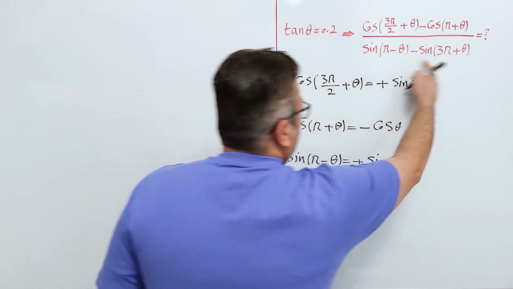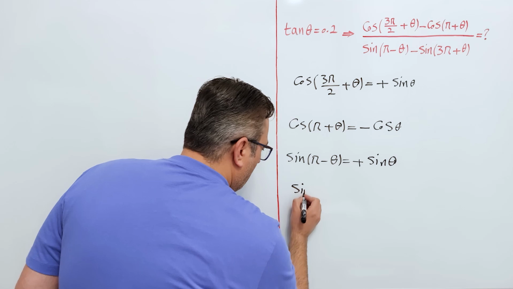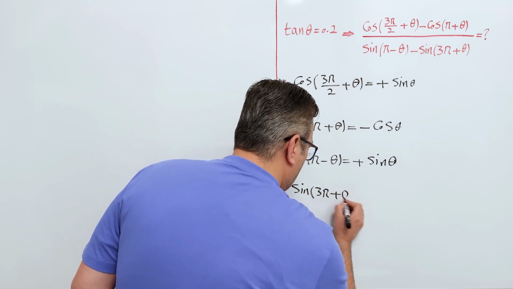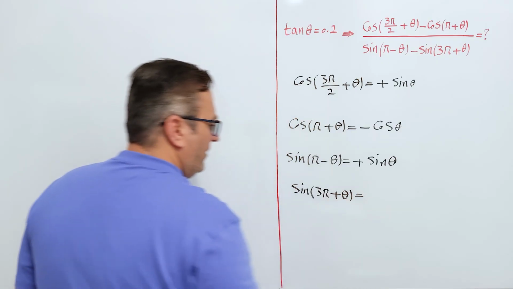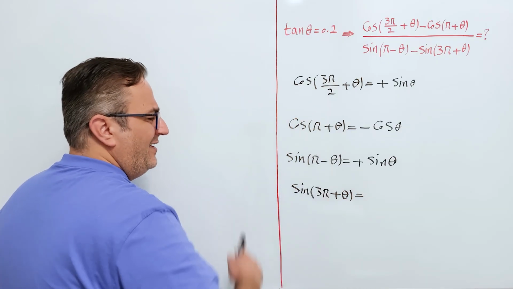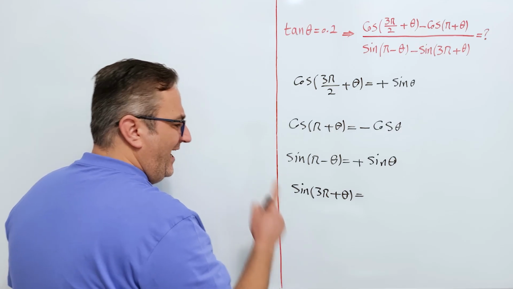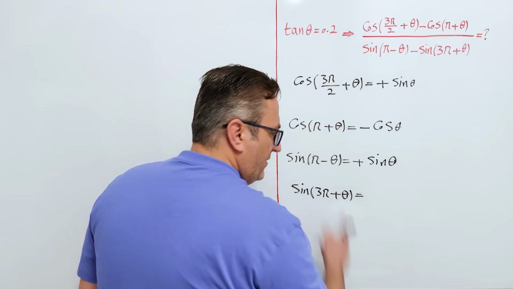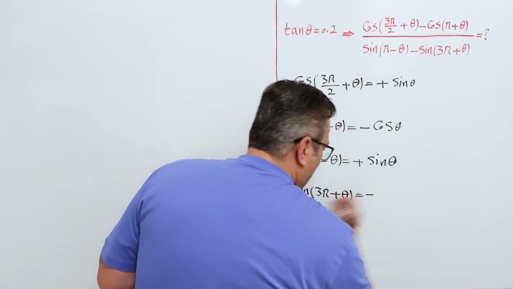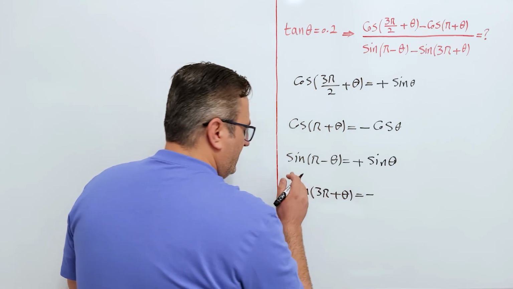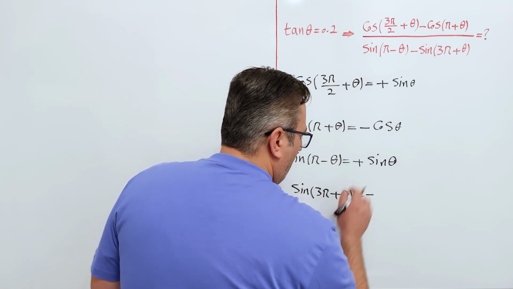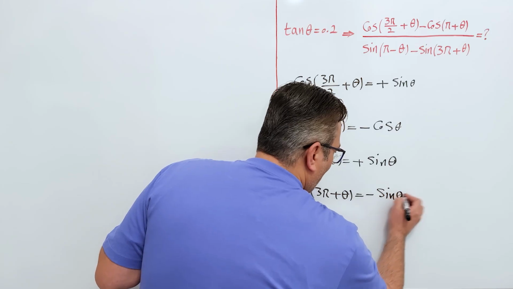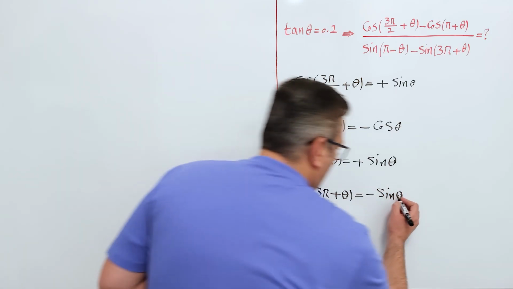And finally sine of 3 pi plus theta. 3 pi plus theta is in the third quadrant, and we know that the sign of sine in the third quadrant is negative. So the sine of 3 pi plus theta is equal to negative sine of theta. Okay?